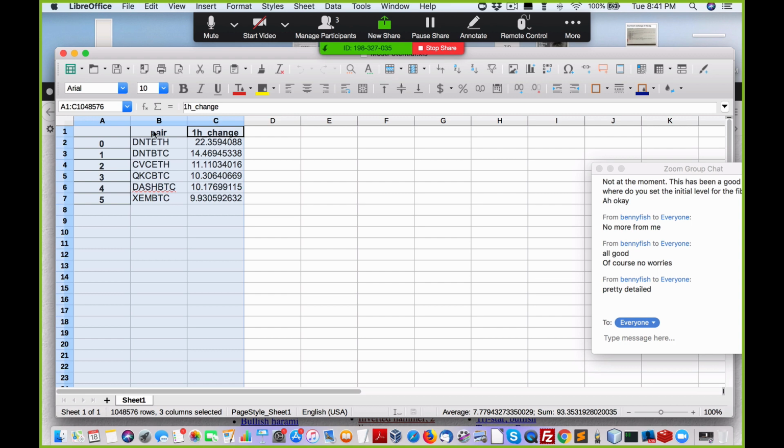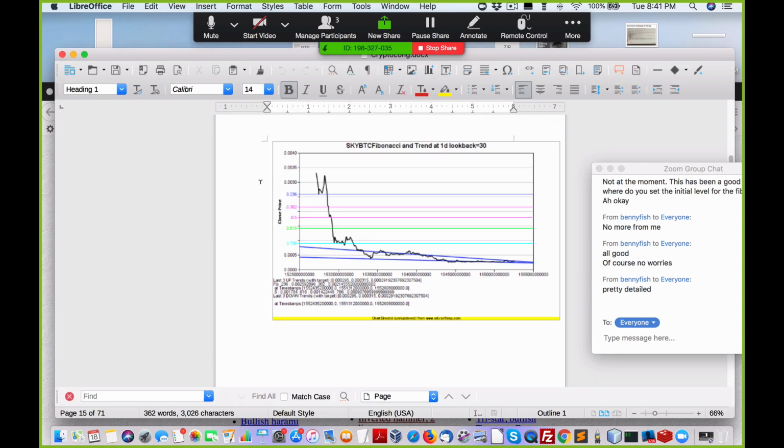Here's our most profitable at that time, meaning we had an hourly move on DNT and Bitcoin with a 14% hourly move. CVC and Ethereum, we had an hourly move of 11%. So this can be useful for people that want to know what the movers are, well, now it'd be Kraken, but back then it would be Binance.